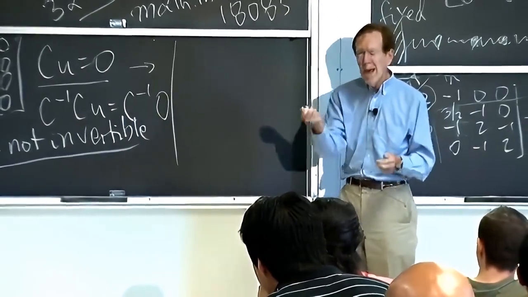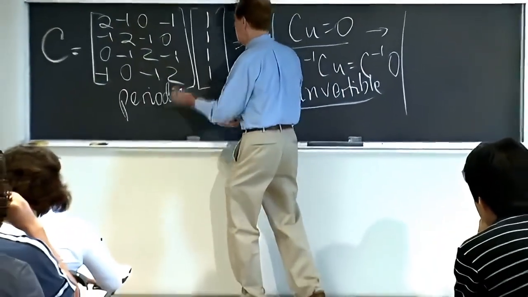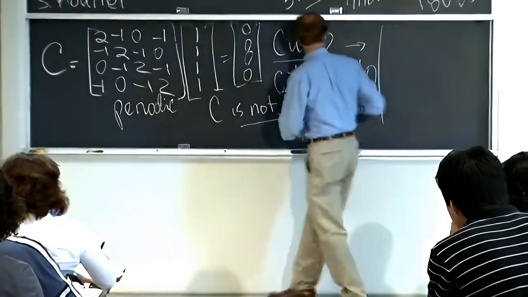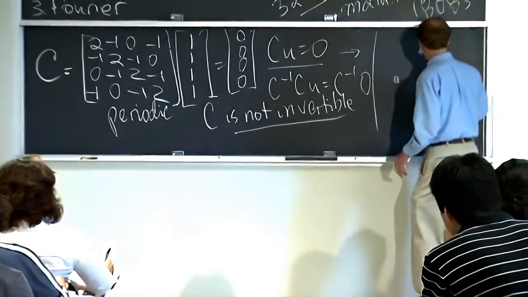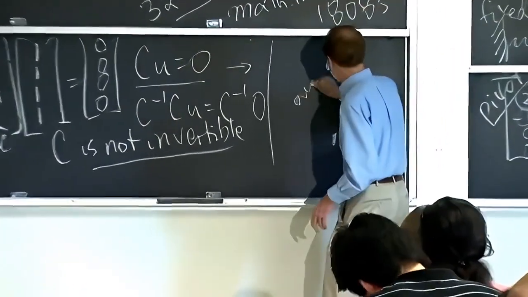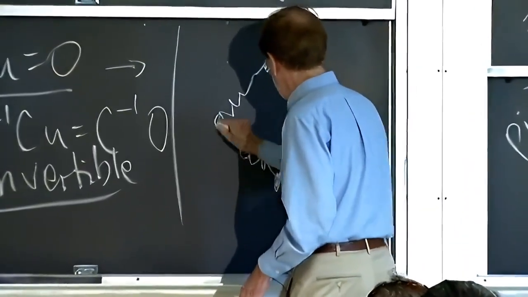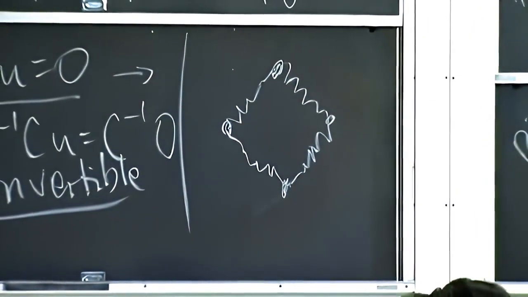They're arranged in a ring. The 4th guy comes back to the first one. So the 4 masses would be in some kind of a ring, and the springs would connect them. I don't know if that's suggestive, but I hope so.